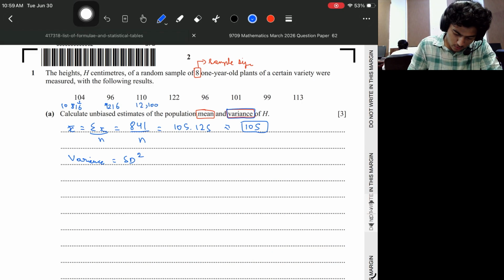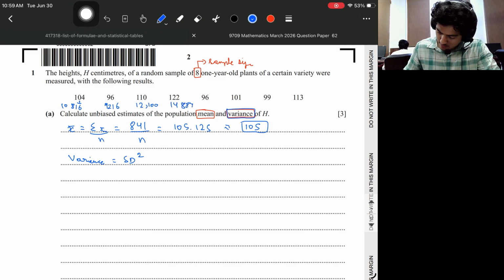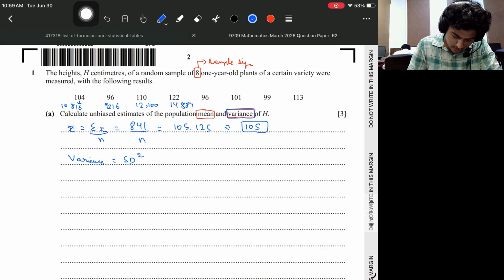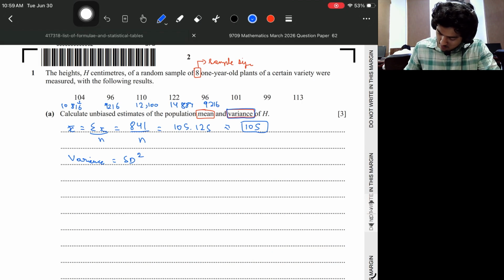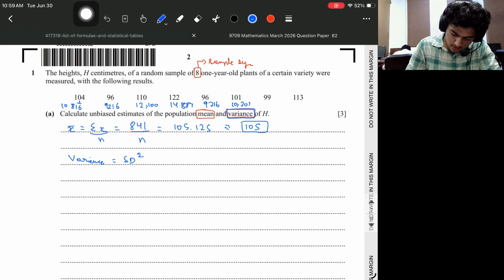122 squared would be 14,884. 96 squared would be again 9,216 as mentioned before. Then we have 101 squared, which would be 10,201. Then we have 99 squared, 9,801.